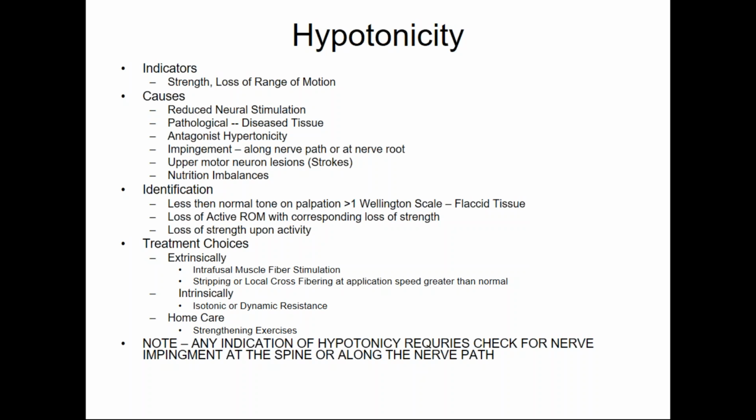So it's kind of like either plucking a guitar string or running your finger very quickly and pulling on the spindle as you travel over top of it. So that's how you would use local cross-fibering or stripping technique. And then intrinsics we're going to talk about at the next seminar weekend.